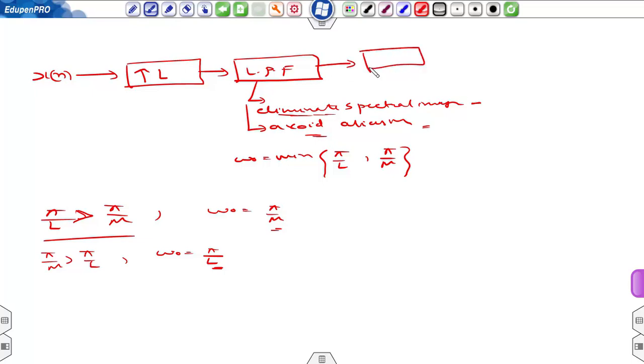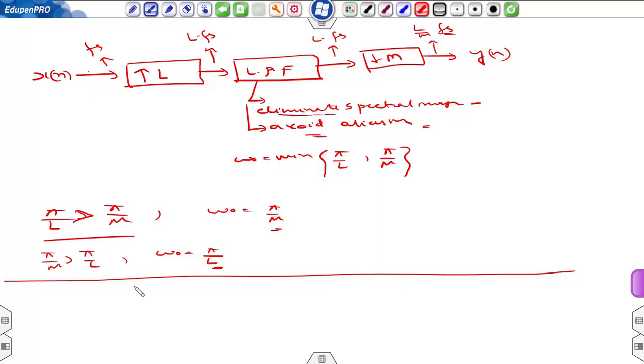Then downsampling by M gives y[n]. The sampling rate is fs at the input, L times fs after upsampling, and L by M times fs at the output.